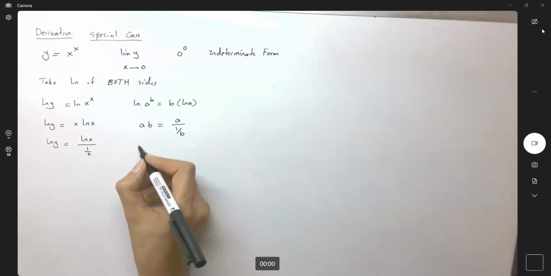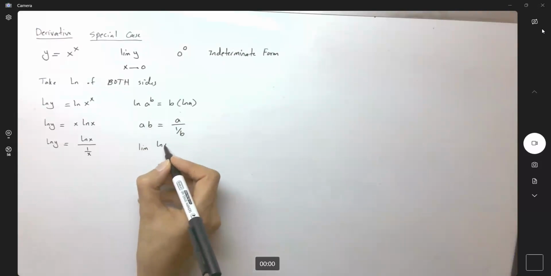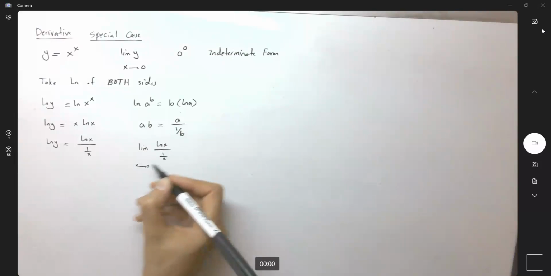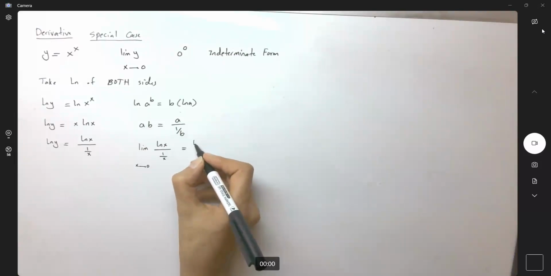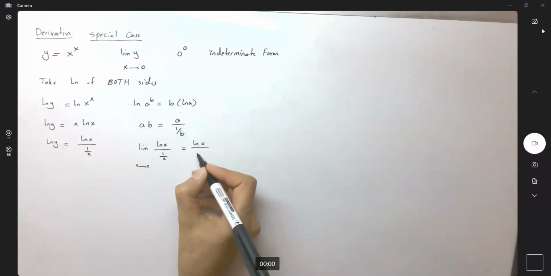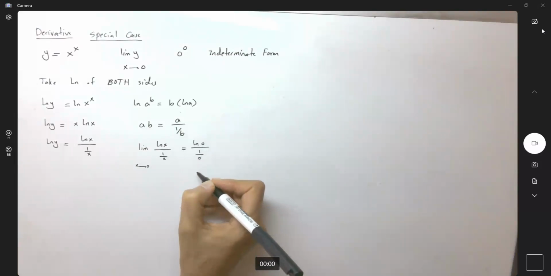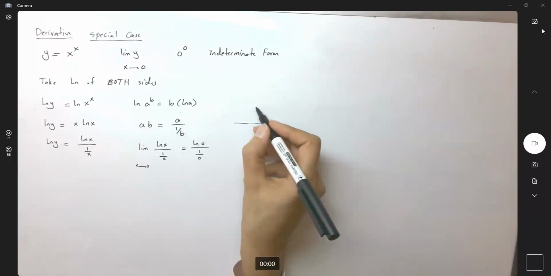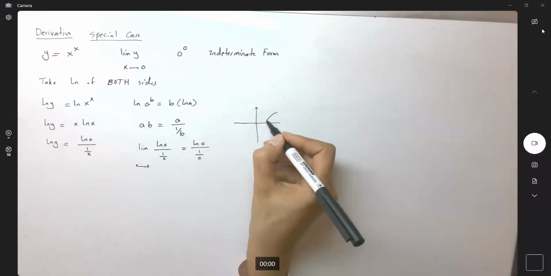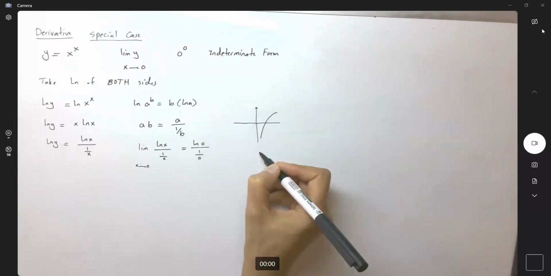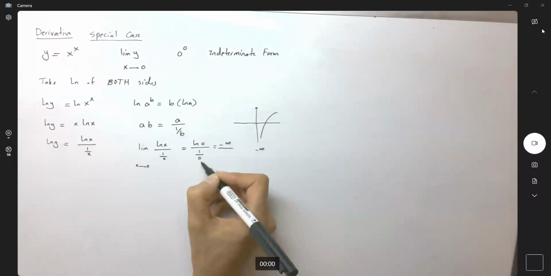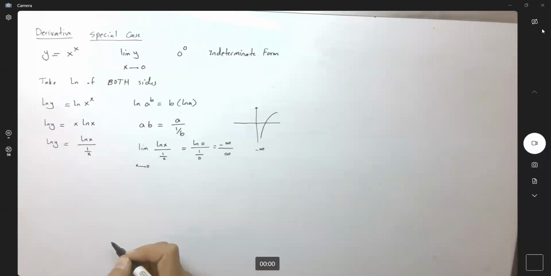Because if we take the limit of ln of x divided by 1 over x as x goes to 0, you have ln of 0 divided by 1 over 0. ln of 0, remember the graph of ln, as x approaches 0, the y value goes to negative infinity. So you have negative infinity divided by 1 over 0, which is infinity.